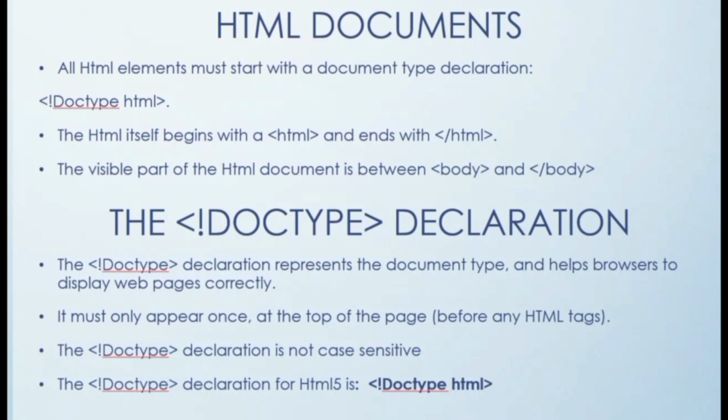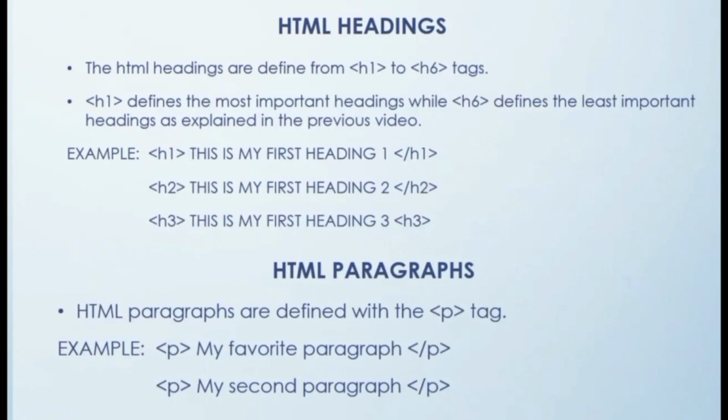Thirdly, the Doctype declaration is not case sensitive. It can start with a small letter d. And lastly, the Doctype declaration for HTML5 is always written in this way: Doctype HTML.